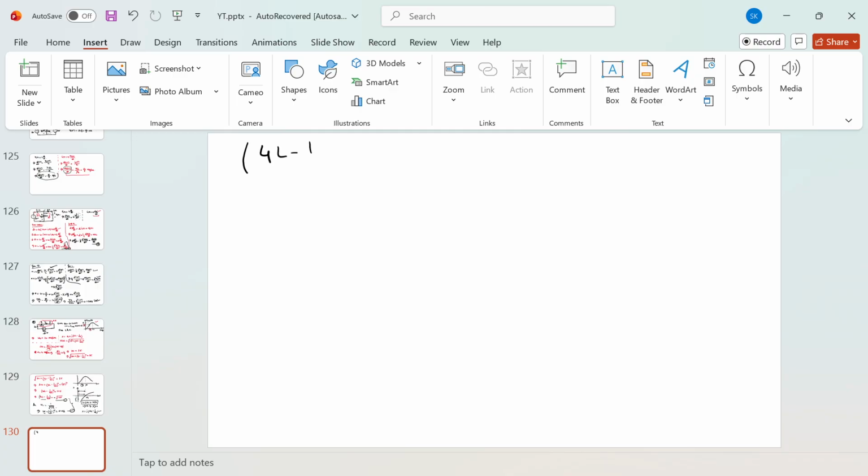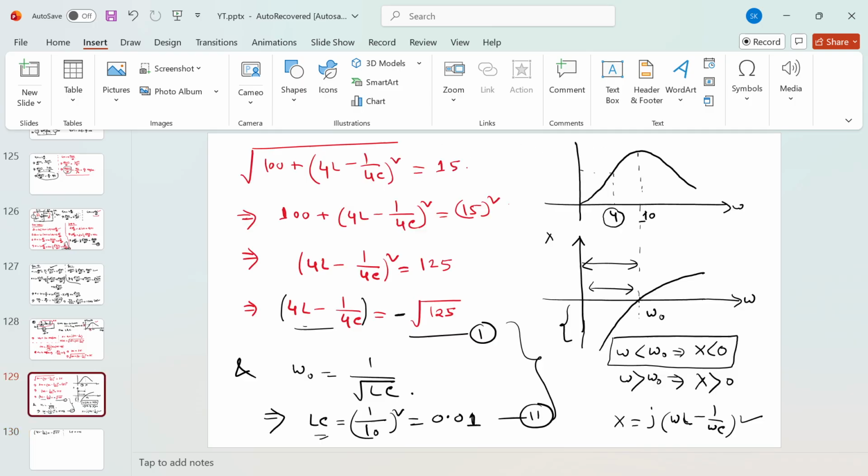4L minus 1 by 4C is equal to minus root 125, and LC is equal to 0.01, right?